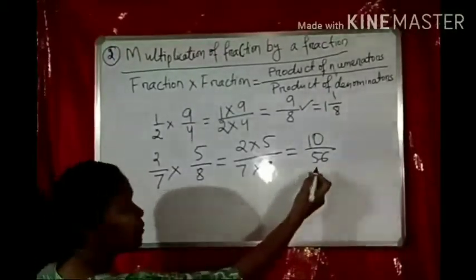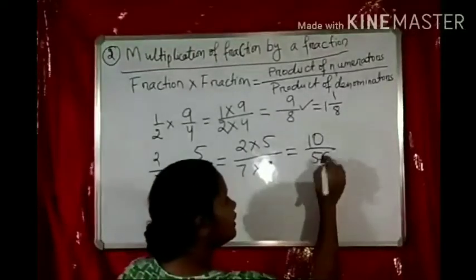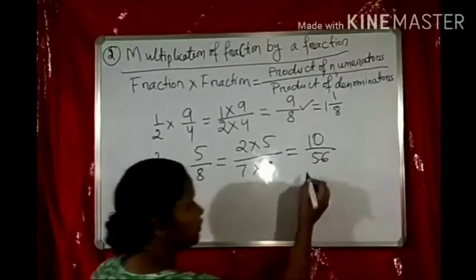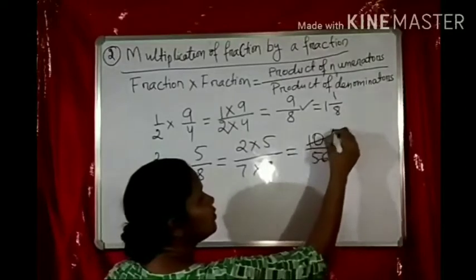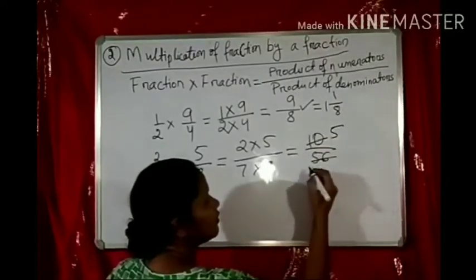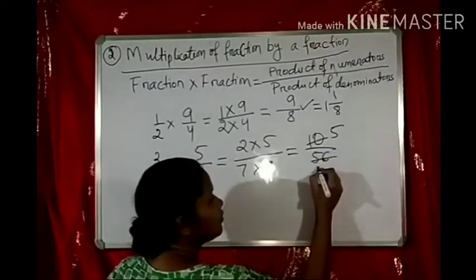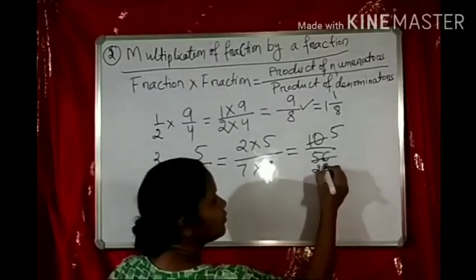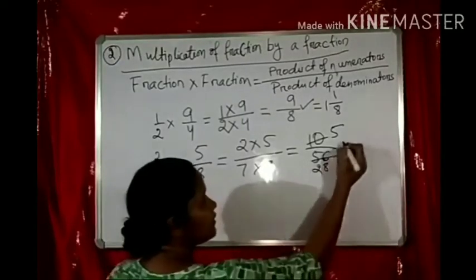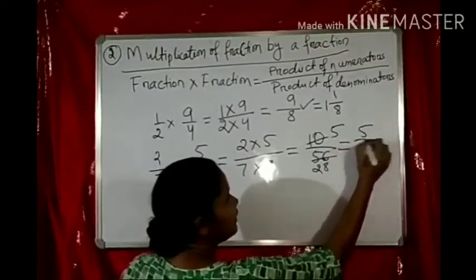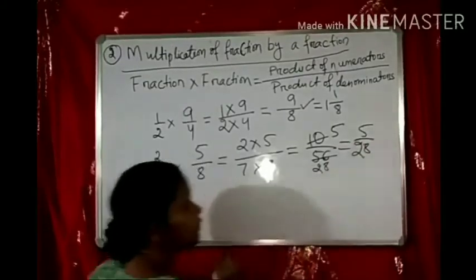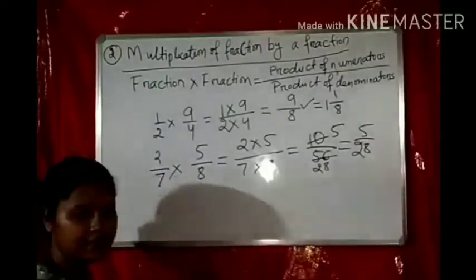This is a proper fraction, but see, we can reduce it into simple form. So 2 5s are 10, 2 28s are 56. 5 by 28 is the simple form. So this is the answer.